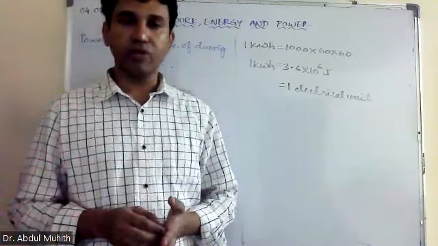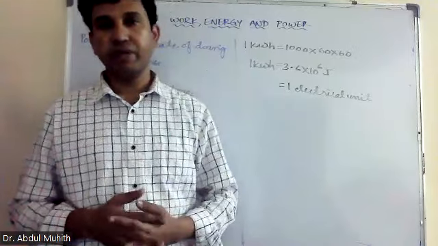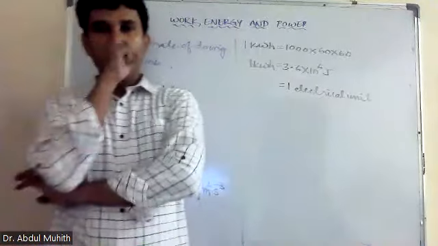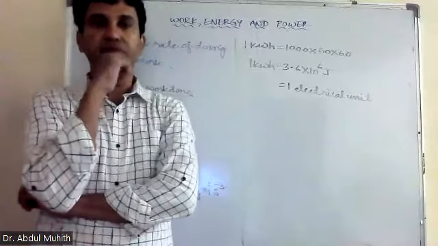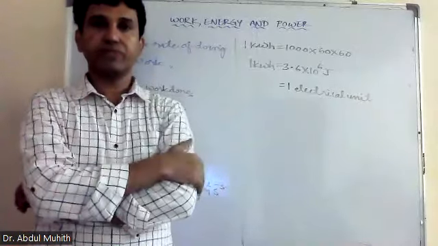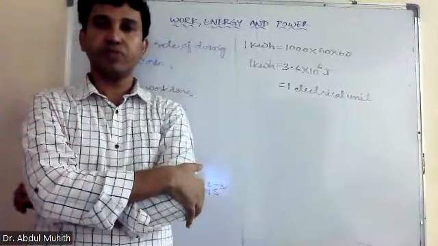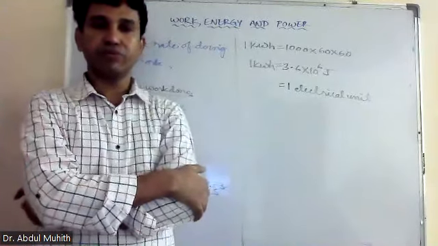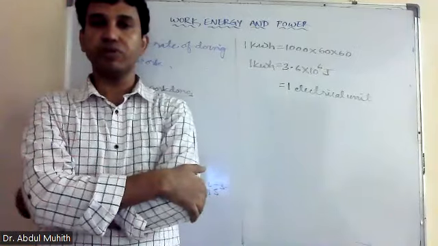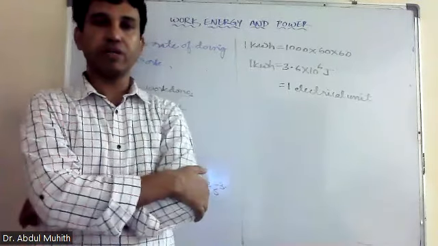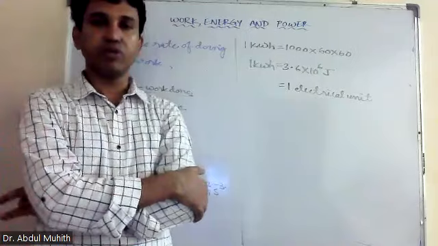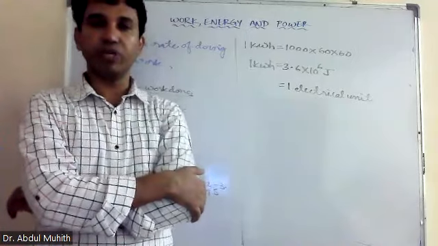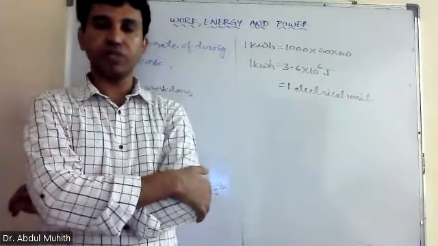Next, after that, we have work. What is the definition of work? Work is the product of the force component in the direction of the displacement and the displacement. So F cos theta into D equals FD cos theta.